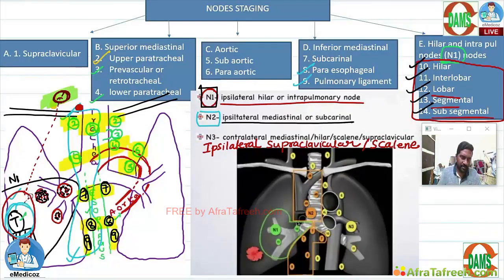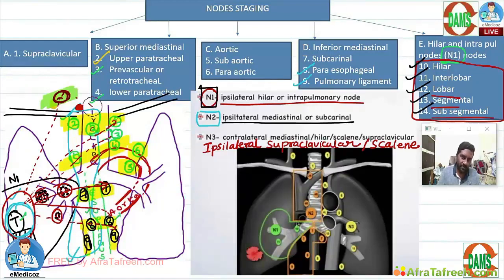Along with that, now this tumor has extended to the other side. So contralateral mediastinal lymph nodes, either paratracheal, pretracheal, lower paratracheal, or involvement of contralateral subcarinal, contralateral paraesophageal, contralateral pulmonary ligament.